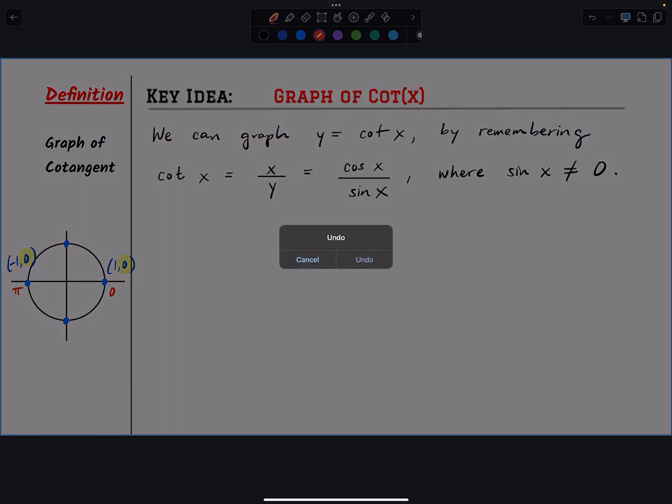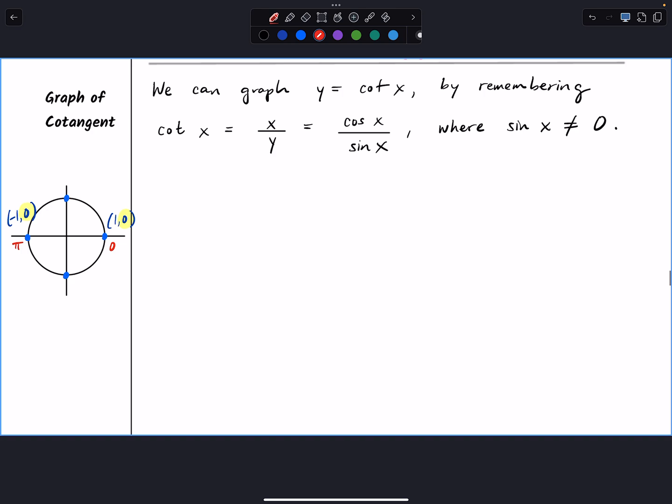So let's draw a graph. What I want you guys to do is just draw something that looks like this.